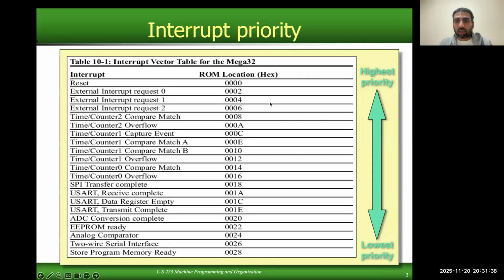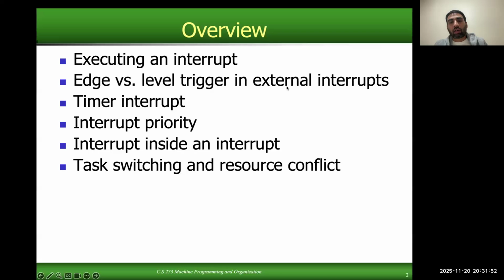The first thing that we are going to talk about is the interrupt priority. Let's assume a situation where you have two different interrupts arriving at the same time. For example, remember last time we talked about interrupts which can arise when the timer 0 overflow happens.